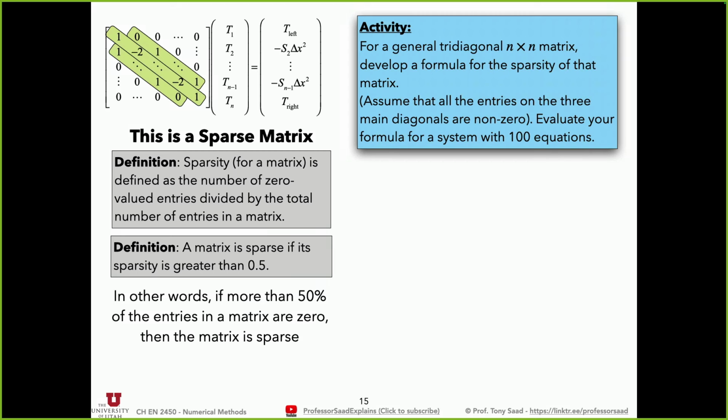So count the number of zeros in the matrix for a general n by n matrix. Ask yourself, how do you count the number of zeros? Well, you know the total number in the matrix, and you know the number of non-zeros in the 3 diagonals. So you subtract that, and you can get the number of zeros, right?